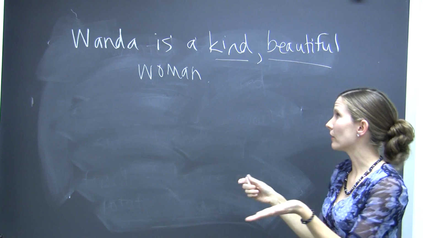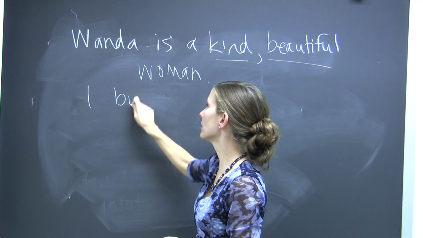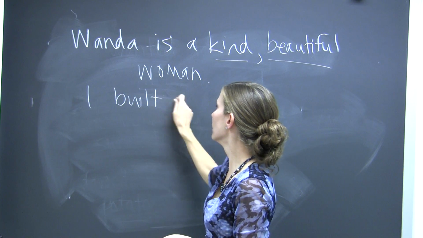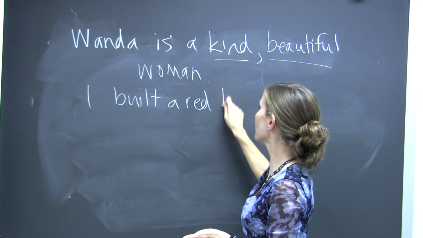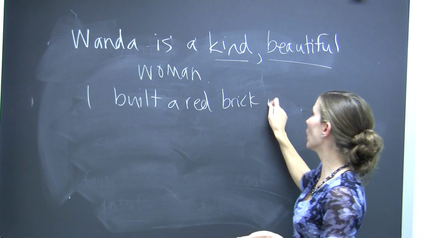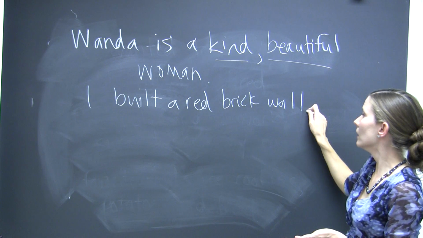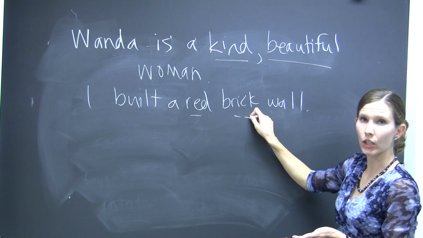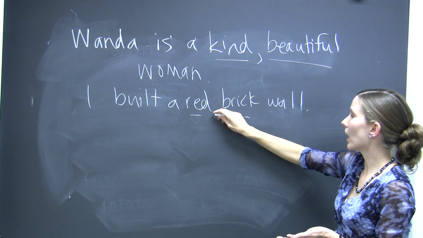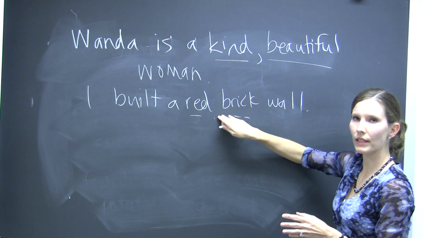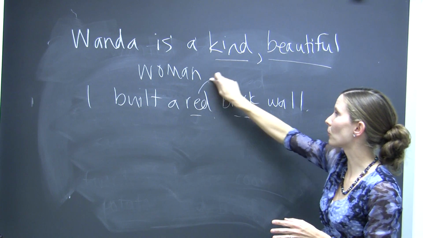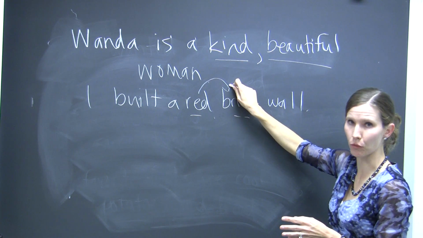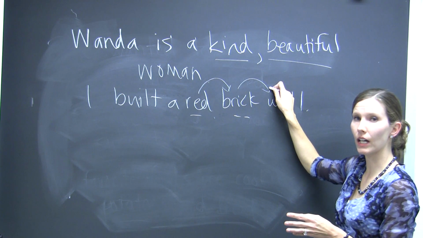So for example, if you had, I built a red brick wall, there's 2 adjectives here, but you can't separate them with the word and, because red is explaining the kind of brick, and brick is explaining the kind of wall.